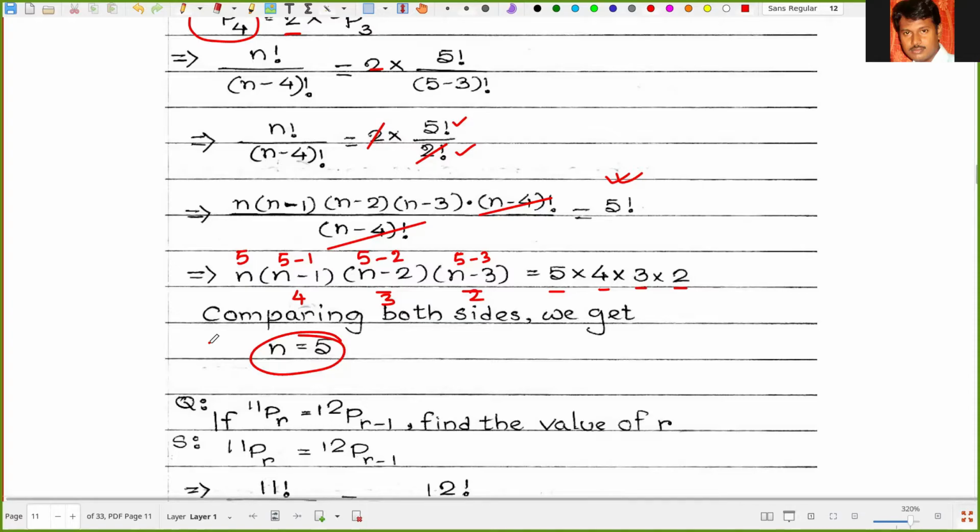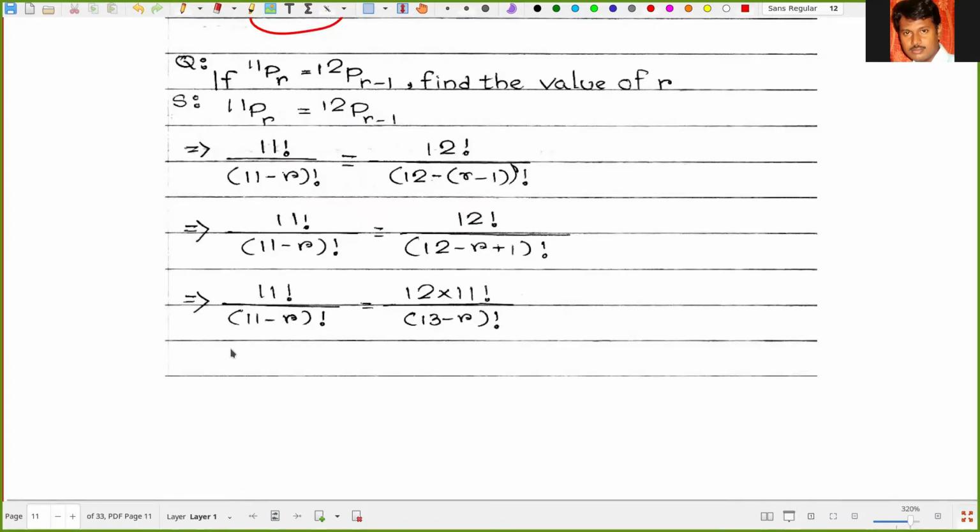Let's check another example. Here the question is, if 11PR is equal to 12P(R minus 1), find the value of R. So 11PR means 11 factorial upon 11 minus R factorial, and 12P(R minus 1) means 12 factorial upon 12 minus (R minus 1) factorial.